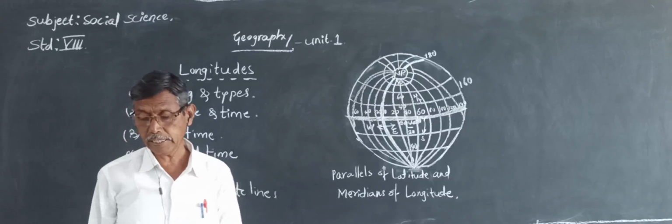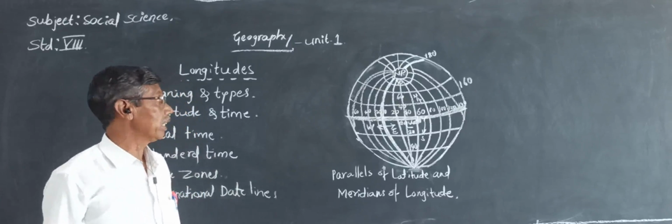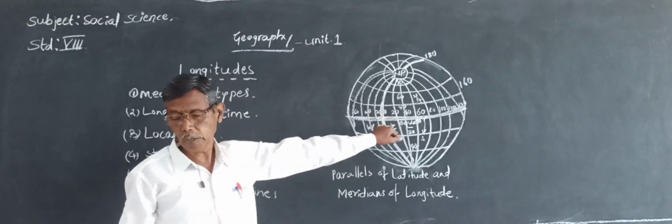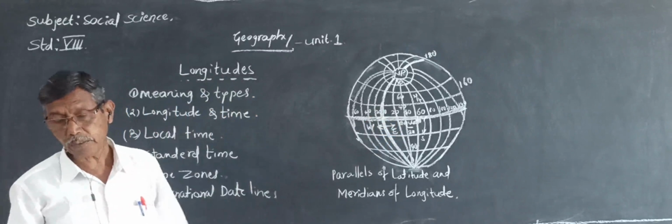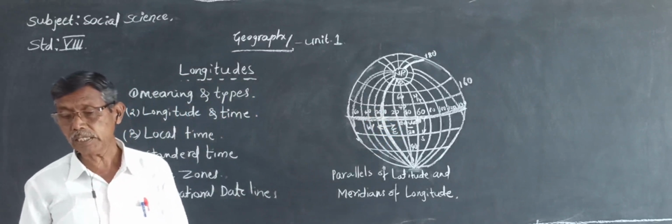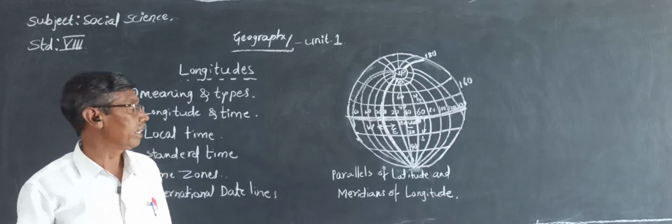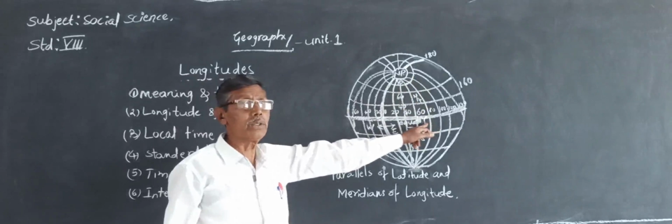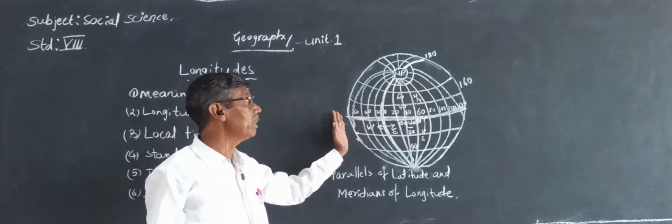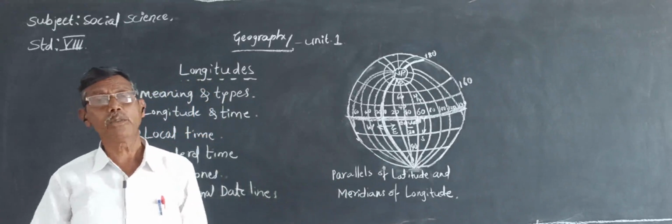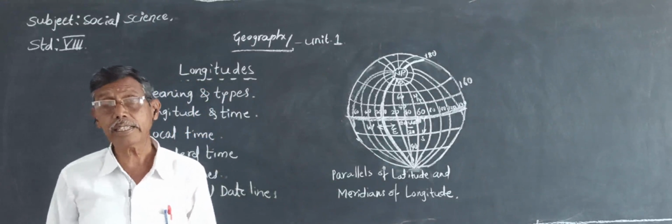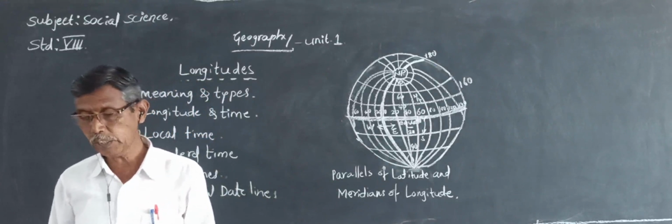It is marked as 0 degree longitude, and there are 180 longitudes to the east of Greenwich, and to the west of Greenwich there are 180 longitudes. Thus, there are 360 longitudes.